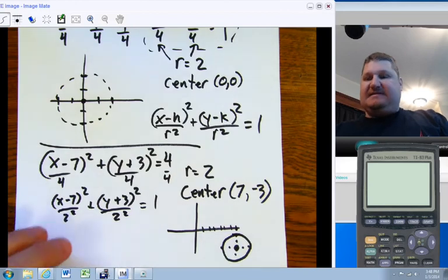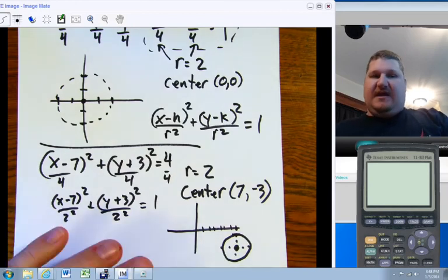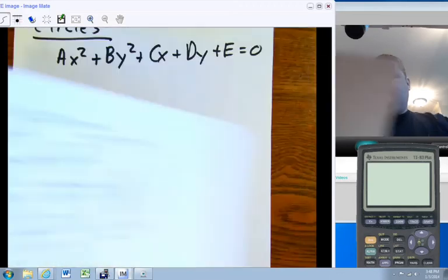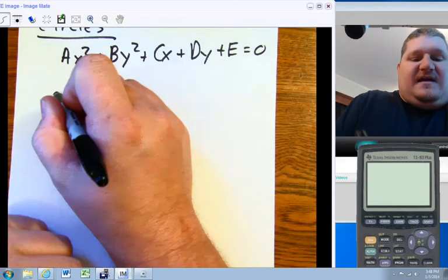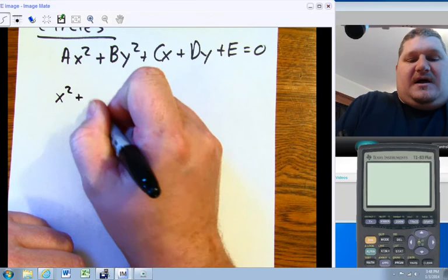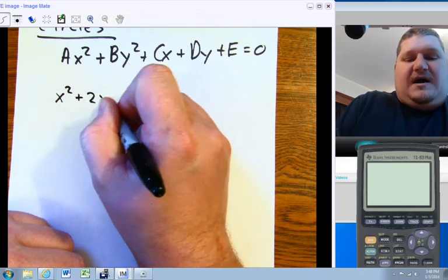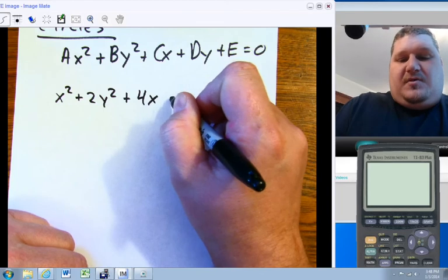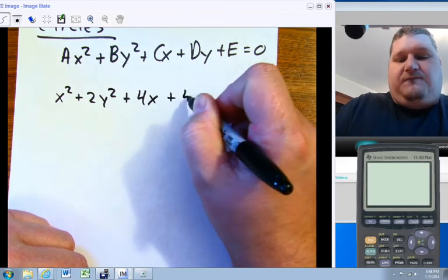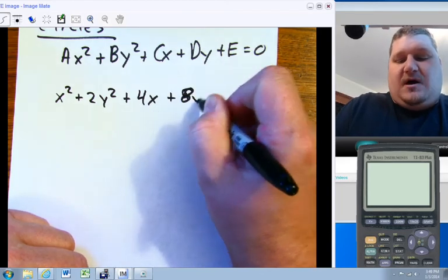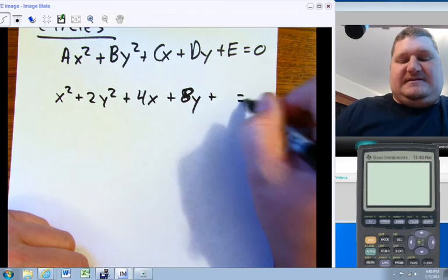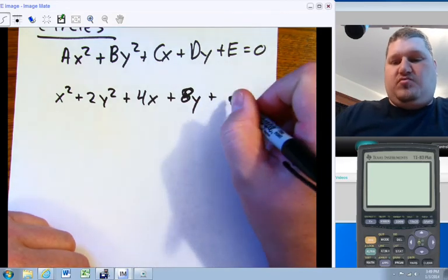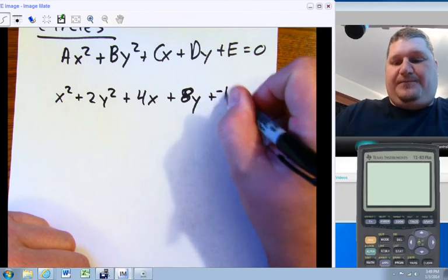Now, things get somewhat more challenging if I'm given a problem that looks something like the following. If I have x squared plus 2y squared plus 4x plus 8y plus, let's see here, negative 12.